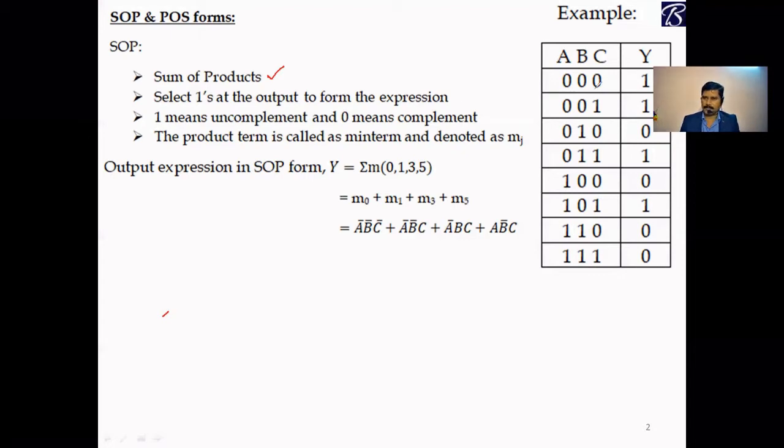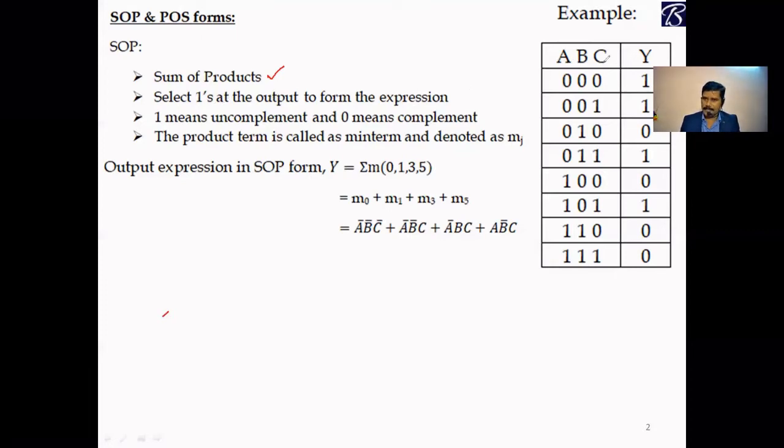See this truth table. There are three variables: A, B, C, and the output y. To write the expression for y, you need to consider ones at the output. So select ones at the output to form the expression.